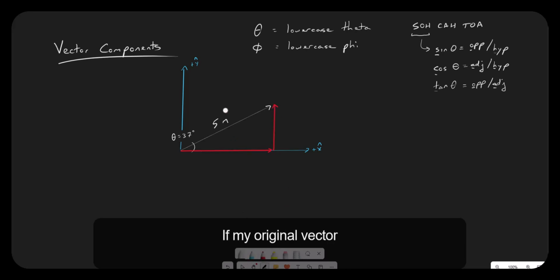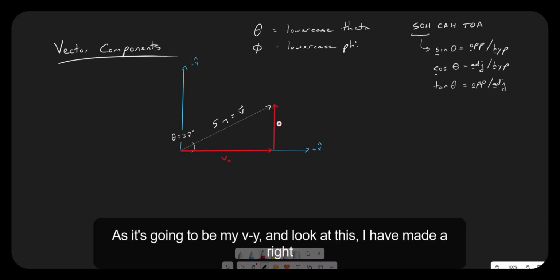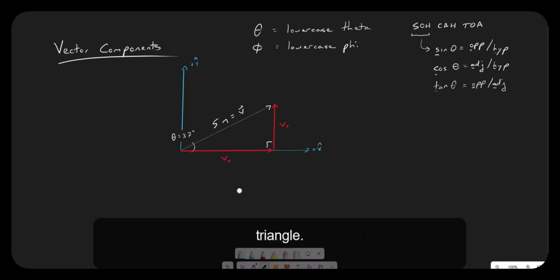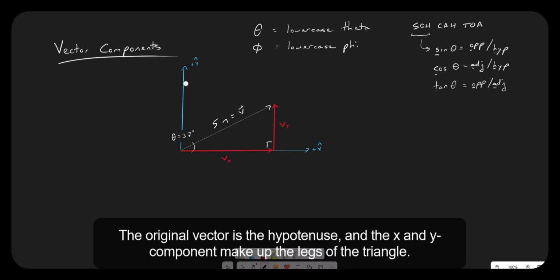If my original vector was v, then this is going to be my vx, and this is going to be my vy. And look at this, I have made a right triangle. The original vector is the hypotenuse, and the x and y components make up the legs of the triangle.